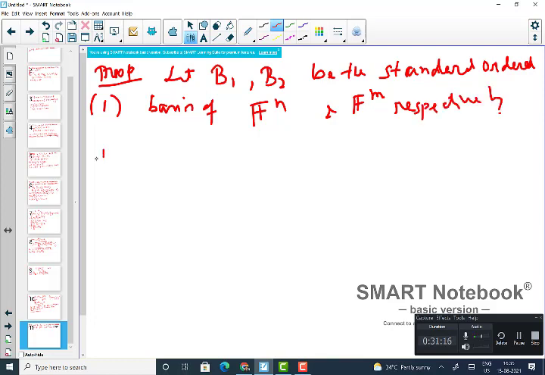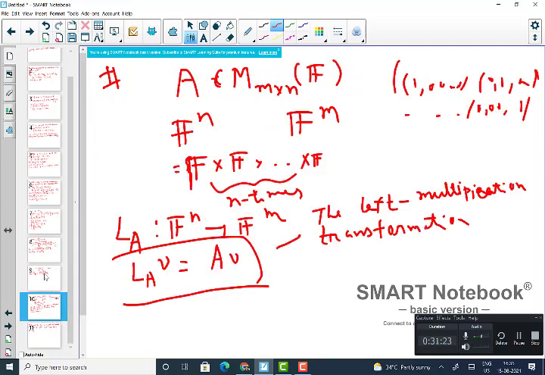Then number one is what? With respect to that, this is a linear map. You can easily show this, it is homework, so that LA is linear.